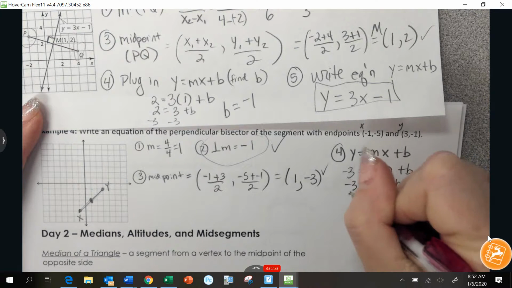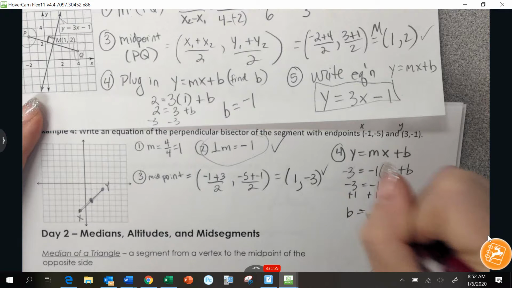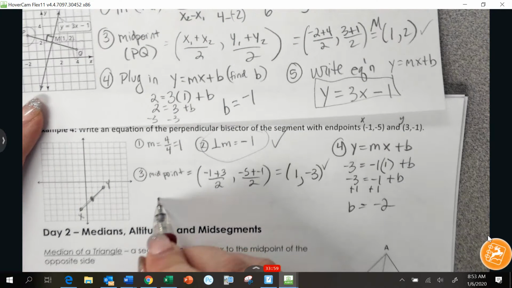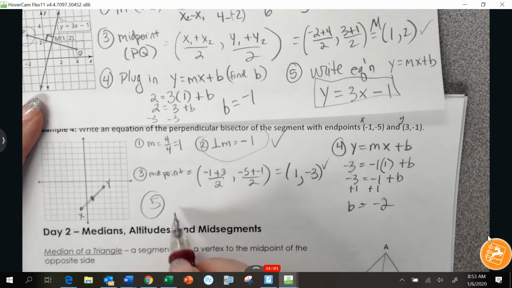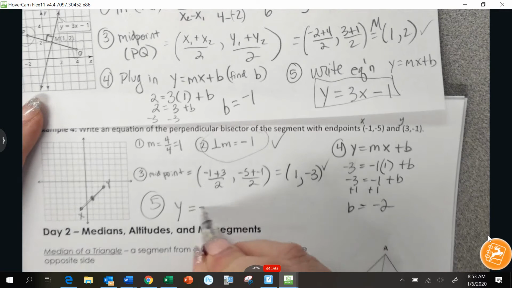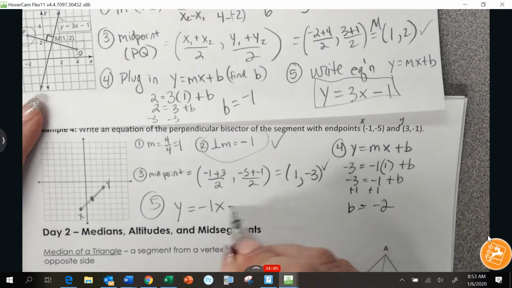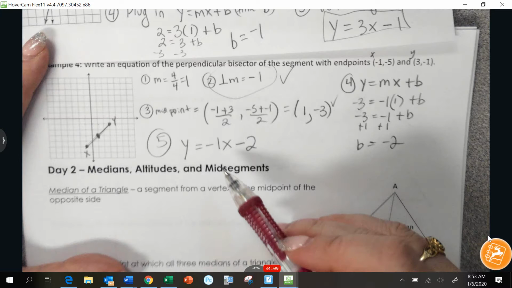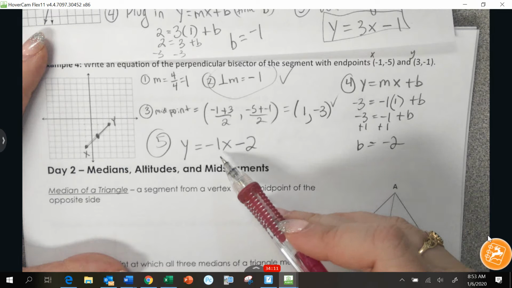Add 1. b equals -2. So my answer should be y equals -1x minus 2. Do I have to put the 1 here? Can I just put -x?